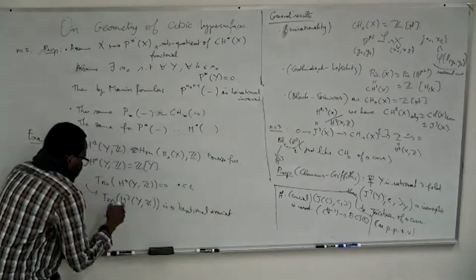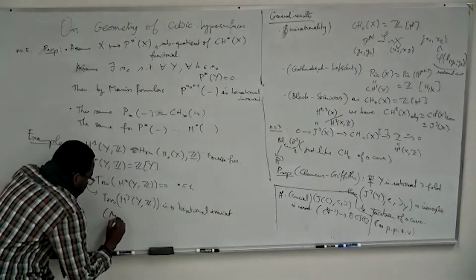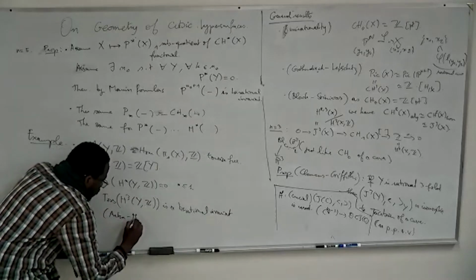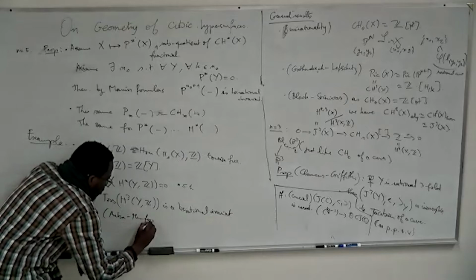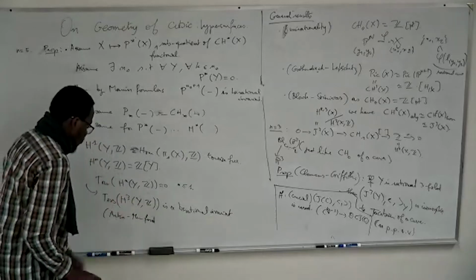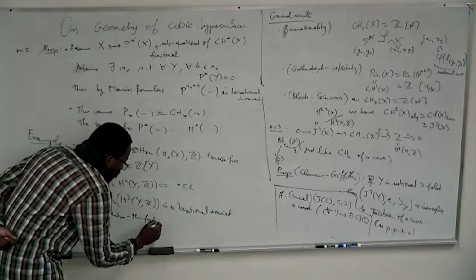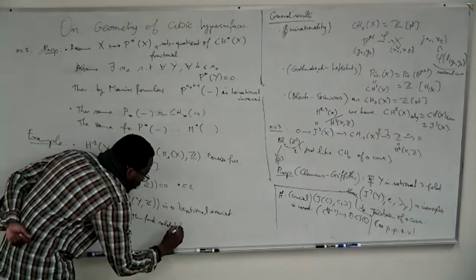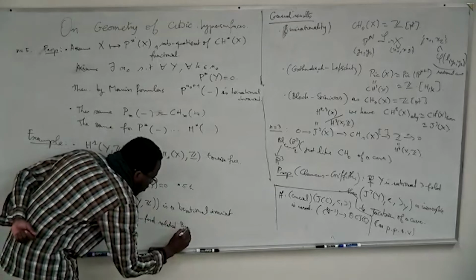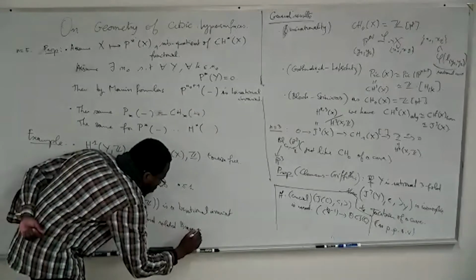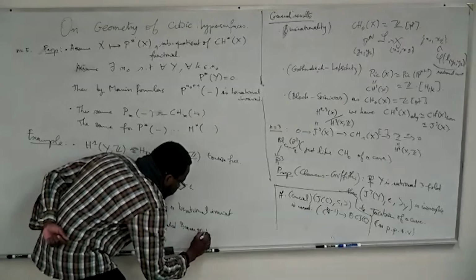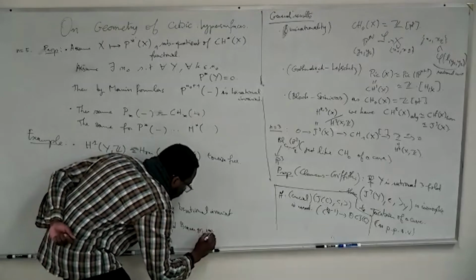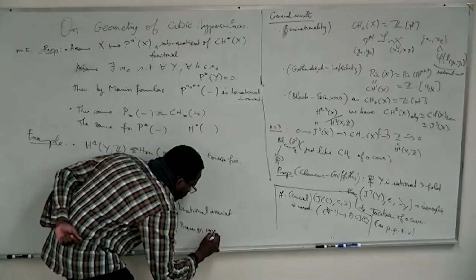In this case, this is the so-called Artin-Mumford invariant, the one used by Artin-Mumford to prove the strictness of the inclusion that I talked about in the beginning. And it is also related to the Brauer group and the generalization of those, which is a series of invariants called unramified cohomology.